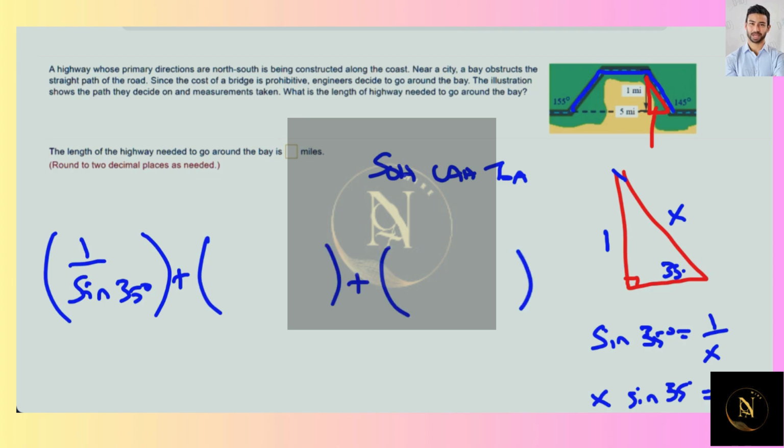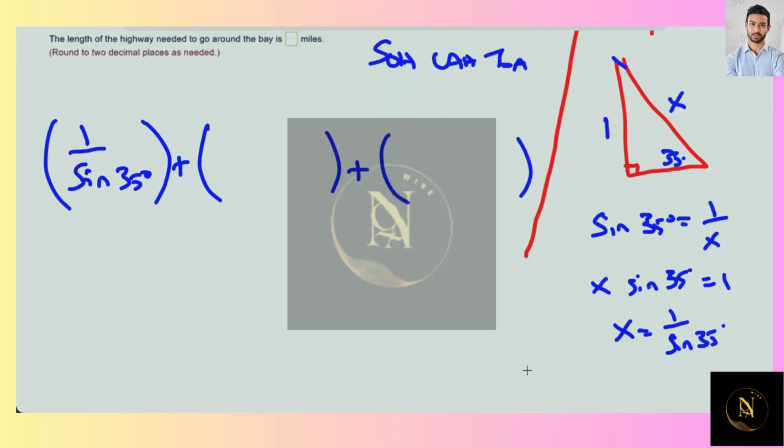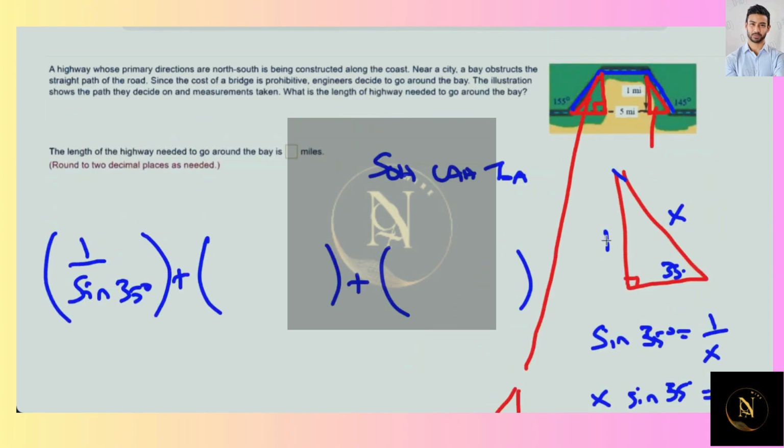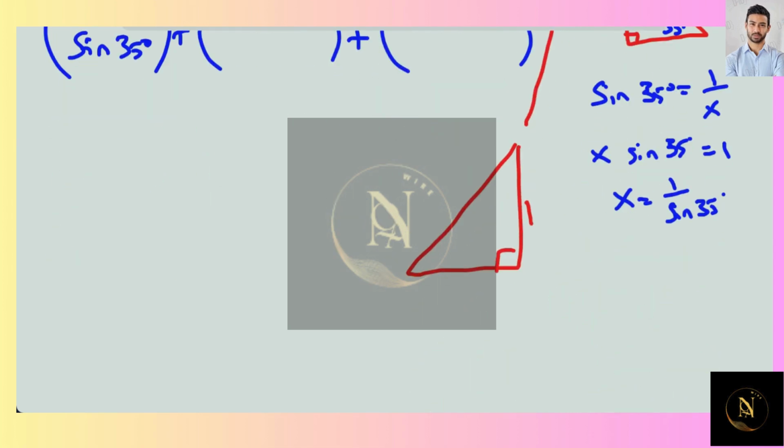Let's go to the other right triangle that can be formed. Okay, I'm going to blow this one up down here. Still would be 1 mile on this side as well. And then if the exterior angle is 155, then that interior angle would be 25 degrees. And we care about that hypotenuse.